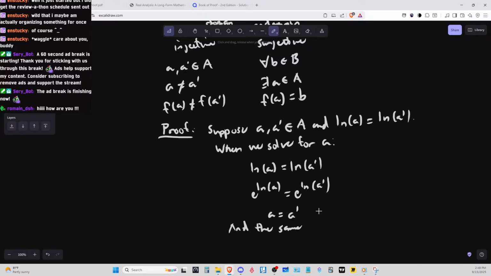The same approach holds true when we solve for A prime.